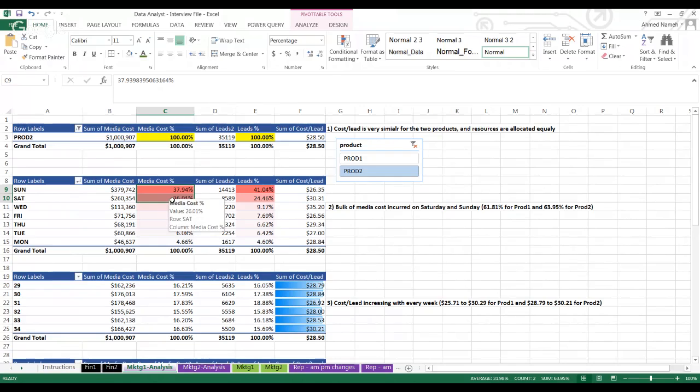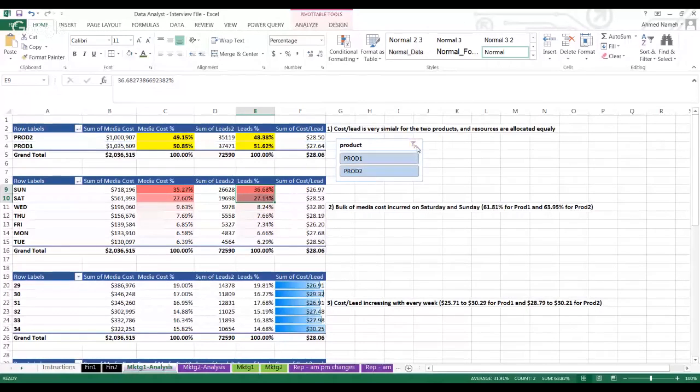Same thing with product two, 64% of the media cost is on the weekends, and about 65% of the leads as well. So it seems that the organization is focusing its resources on media that's played on Saturday and Sunday, as opposed to the remainder of the week, where about a third of the cost and a third of the leads are generated.